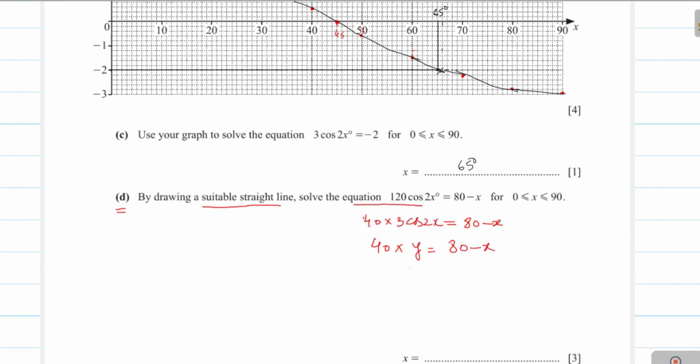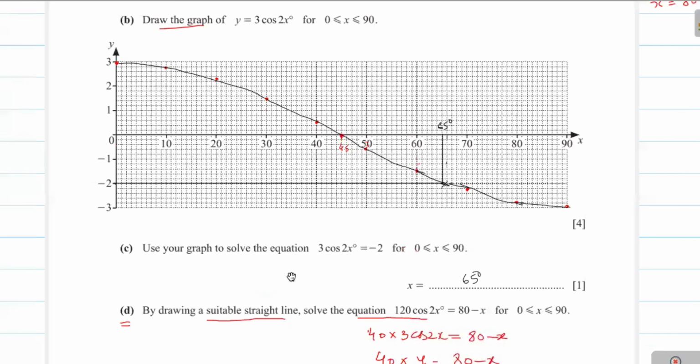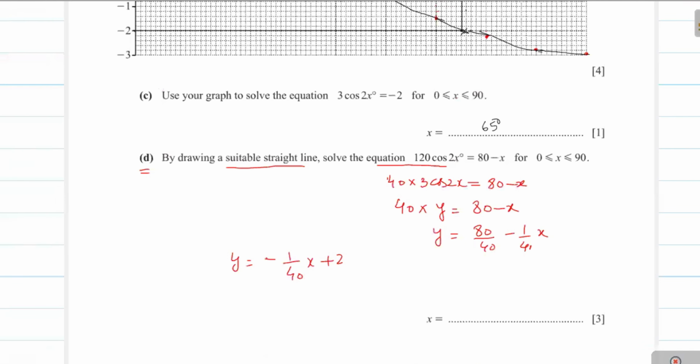Now we can write y equal to 80 over 40 minus 1 over 40 x, and this will be y equal to minus 1 over 40 x plus 2. This is the equation of a line. To draw the line on this graph, we take some values.